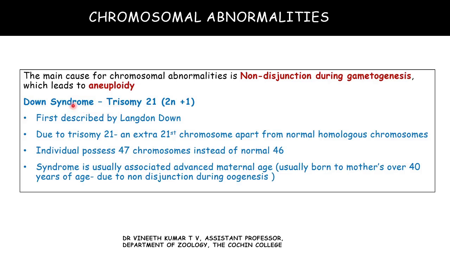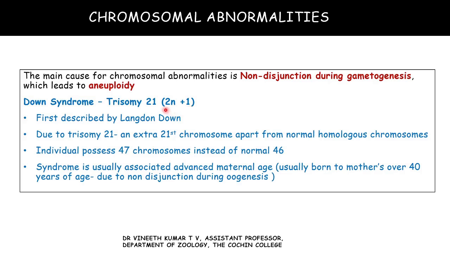First, in autosomal abnormalities, the one major example is Down syndrome, which is also called trisomy 21. That means the 21st chromosome, instead of being represented by a pair of homologous chromosomes, is represented by three chromosomes. That is why it is called trisomy 21. Only the 21st chromosome is affected; all the others are normal.